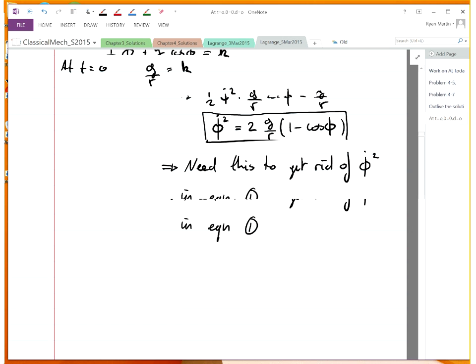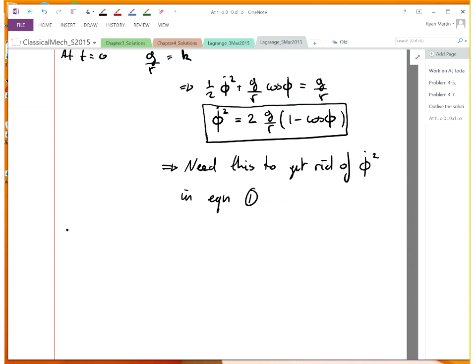And then you're left with the ability to solve for lambda. And then once you've solved for lambda, you can solve for the generalized forces.